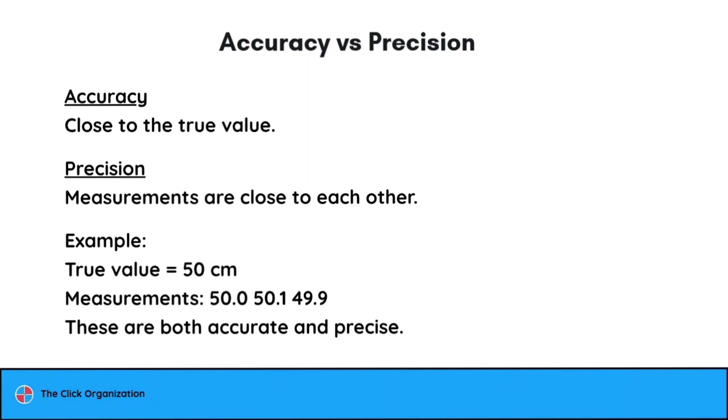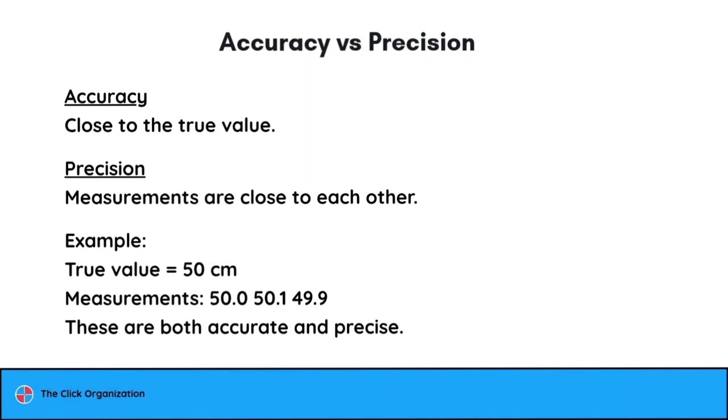We have an example here. Consider an object whose true length is 50 centimeters. The measurements for this object are 50 centimeters, 50.1 centimeters, and 49.9 centimeters. Both the true value and the measurements are good, because the measurements are as close as possible.